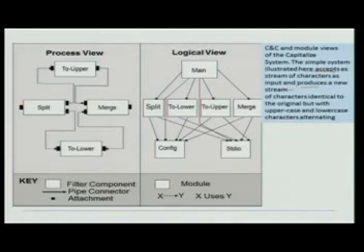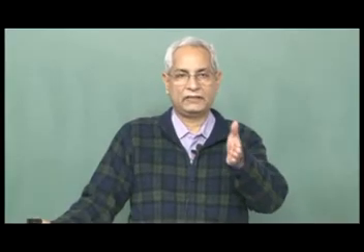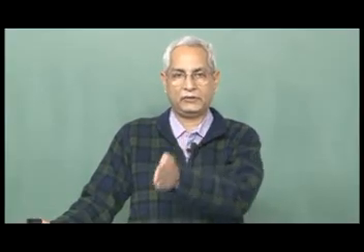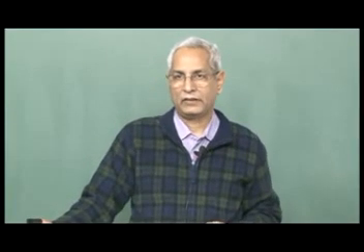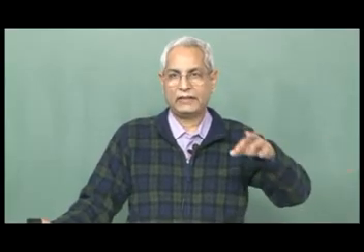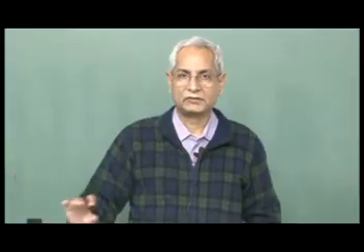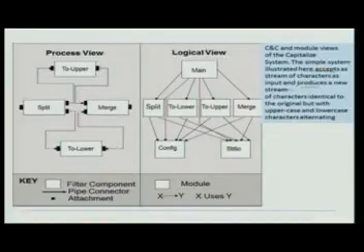So let us look at the process view first. What will I do? Once the input comes here, I am going to split it into 2 parts. I will send one to this module, and it is going to convert whatever the case of the input character is into uppercase and send it here.